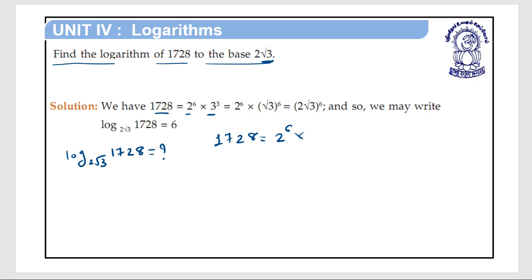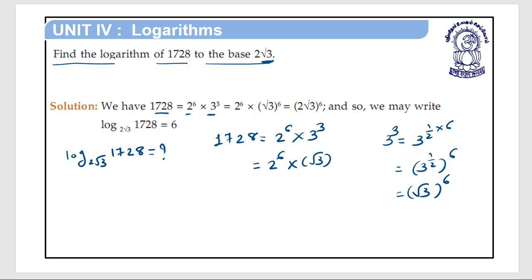So 1728 is equal to 2 raised to 6 into 3 cube. Instead of 3 cube we can write 3 raised to 1 by 2 into 6, so root 3 raised to 6. So 2 root 3 raised to 6. So we may write log of 1728 is equal to 6.